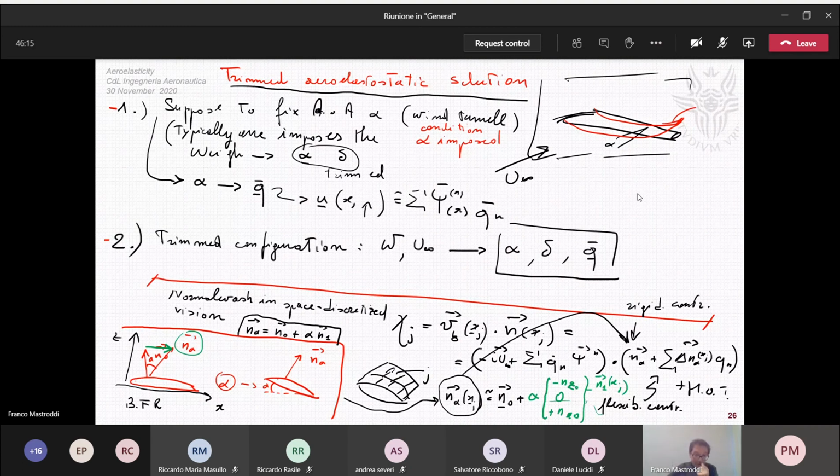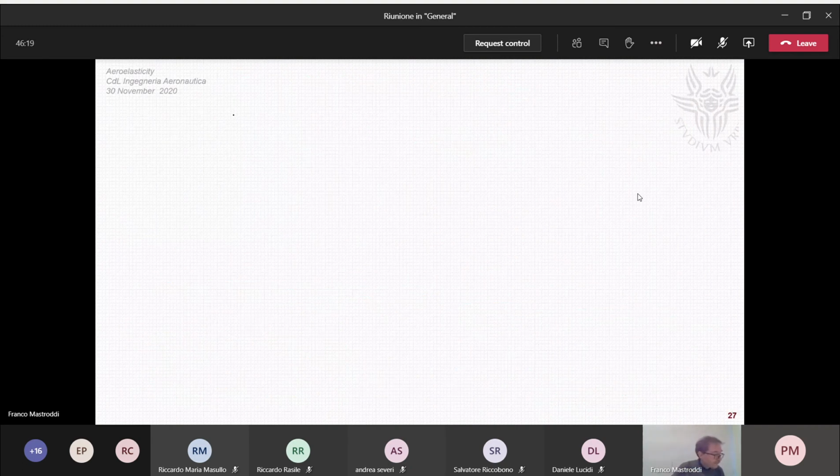Okay, let's go. And so we have the following. We have this chi_j, and I want to use a synthetic notation: chi_j means chi function in the point x_j.